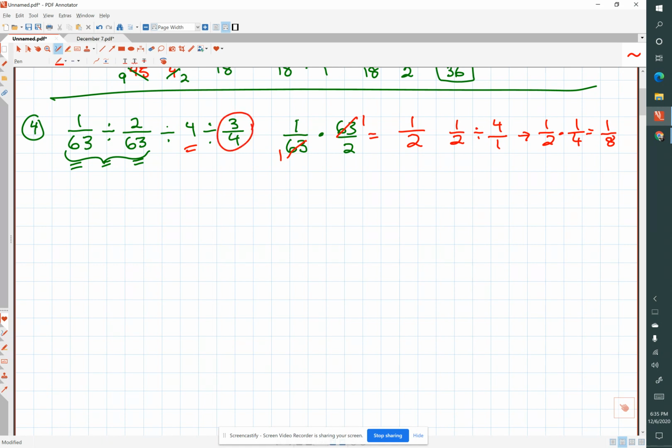We're not done yet. We still have the 3/4. 1/8 divided by 3/4. We will rewrite as 1/8 times 4/3. And I see we can simplify that 8 and the 4. 4 divided by 4 is 1. 8 divided by 4 is 2, which would give us 1/6 as a final answer.